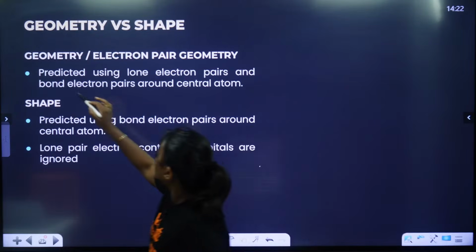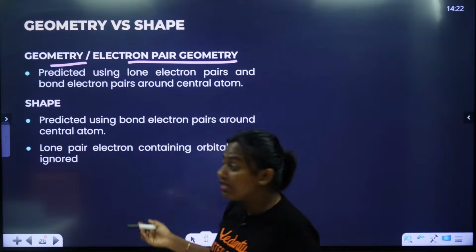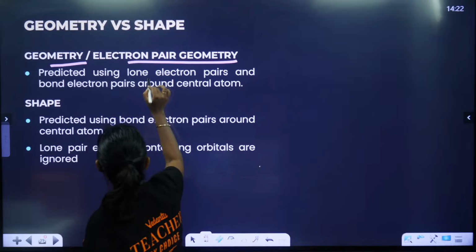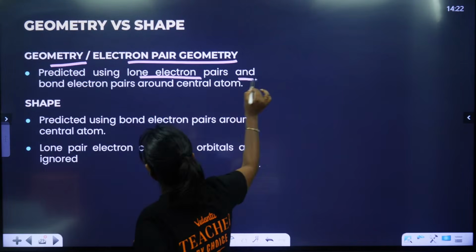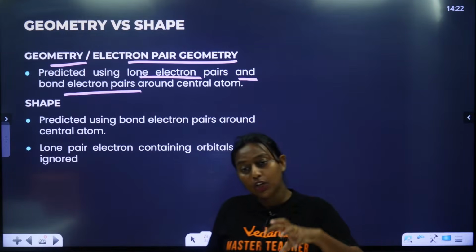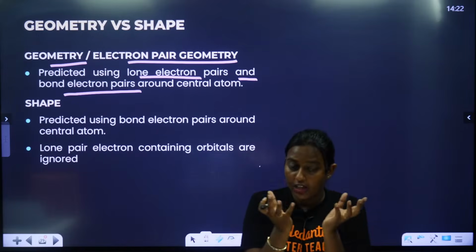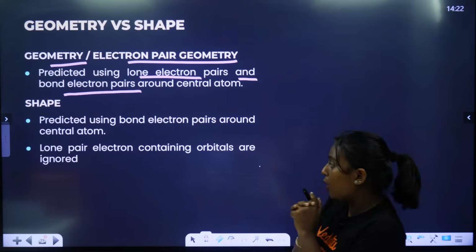Geometry, or electron pair geometry, is predicted using lone pair and bond pair, so this is the structure of a molecule including lone pair and bond pair.